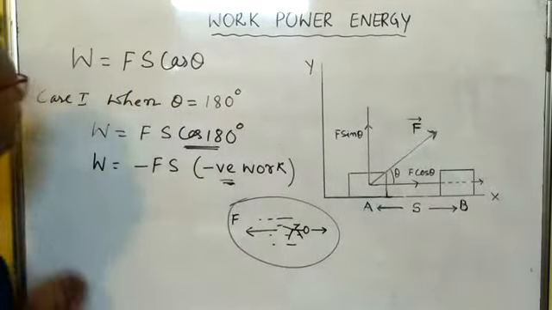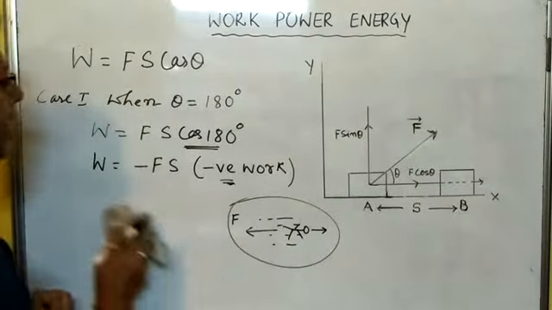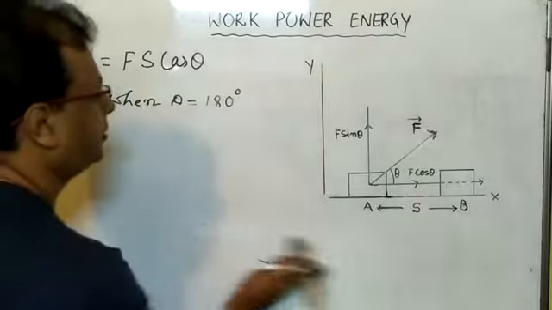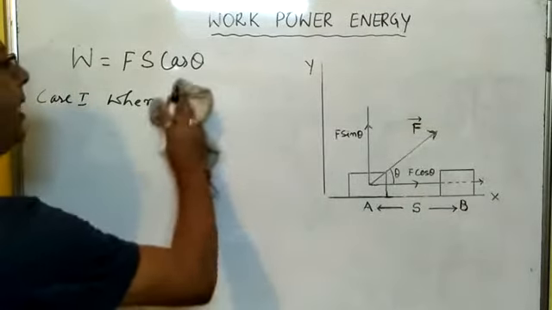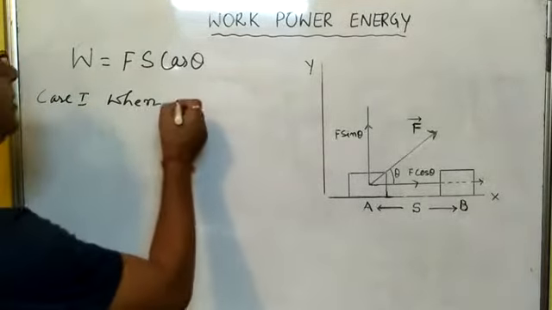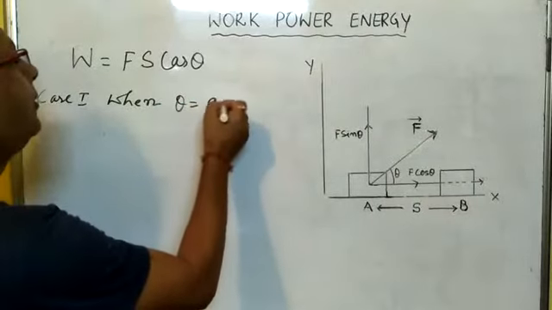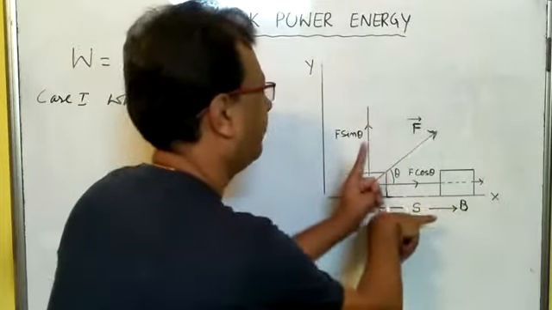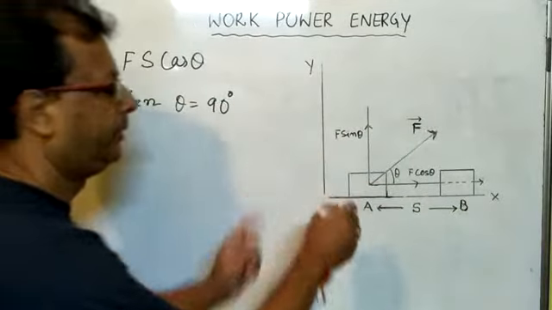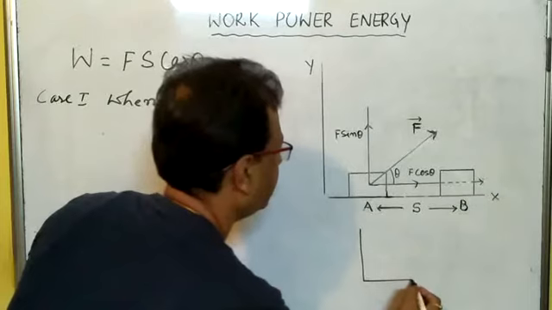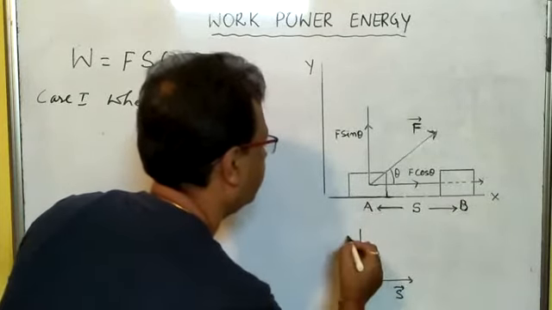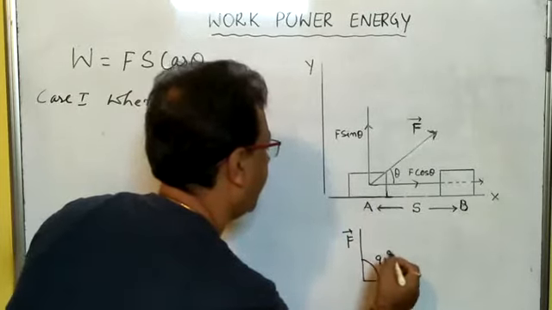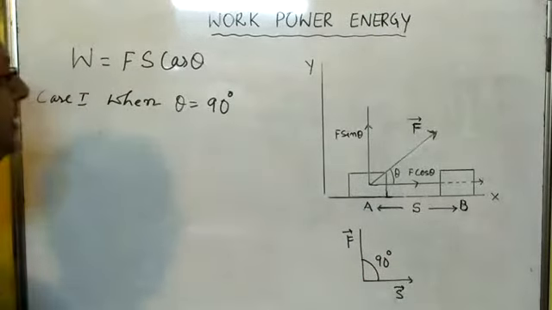So, we have understood positive work and negative work. Now, one more thing to be understood is what happens when theta is equal to 90 degrees. That means displacement and force are perpendicular. This is the direction of displacement and this is the direction of force. The angle between them is 90 degrees.